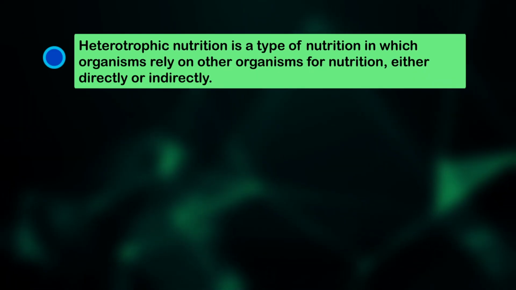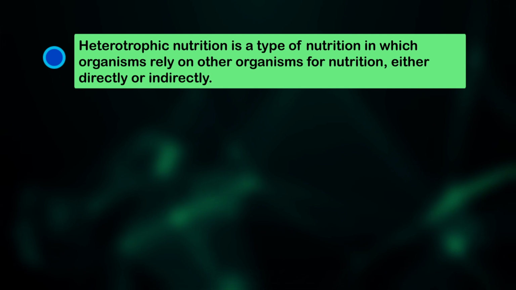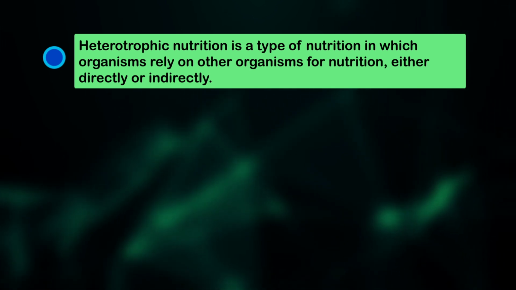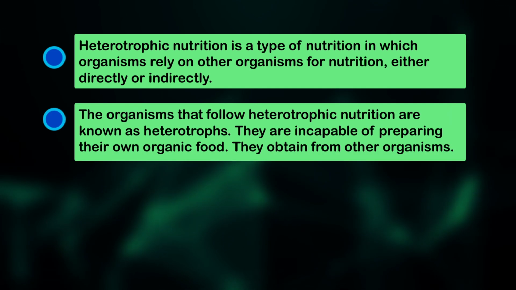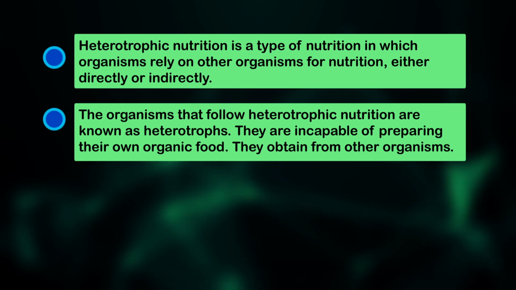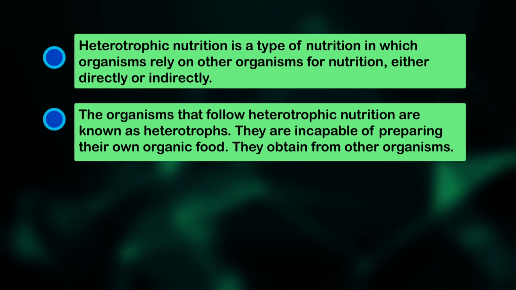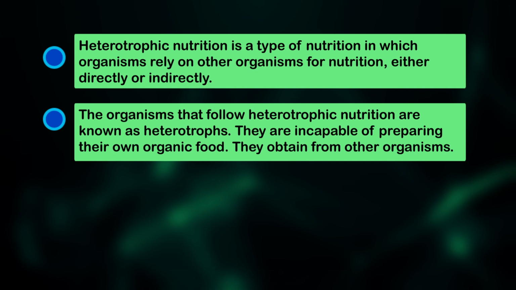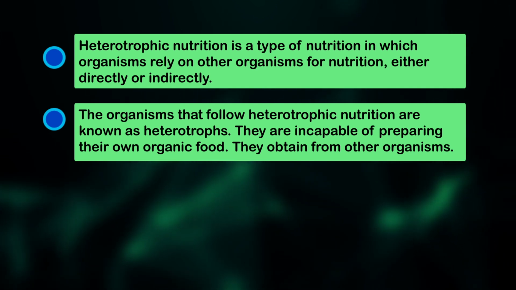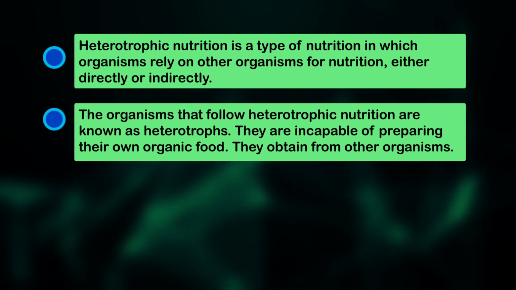Now, heterotrophic nutrition is a type of nutrition in which organisms rely on other organisms for nutrition either directly or indirectly. The organisms that follow heterotrophic nutrition are known as heterotrophs. As they are incapable of preparing their own food, they obtain it from other organisms.